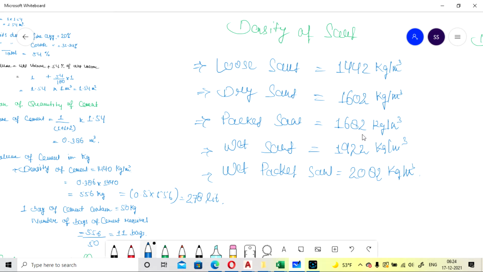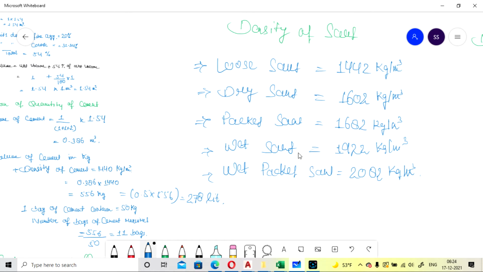Packed sand is 1682 kg per meter cube. Wet sand will come as 1922 and wet packed sand will come as 2082. So these ranges vary from 1442 to 2082. Generally dry or loose sand may be available on site, so you can go with this.